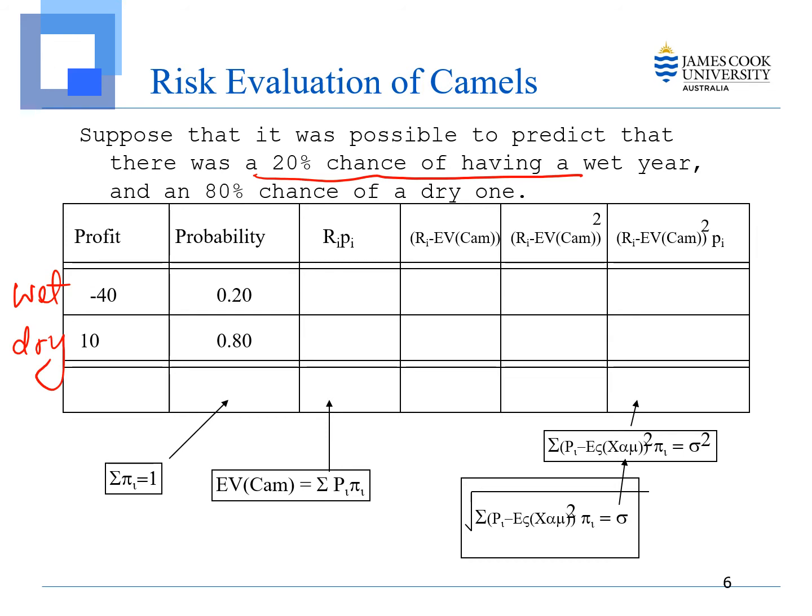And let's look at grazing camels first. If it's wet, that's a $40 million loss, dry a $10 million profit. We weight these two possible events by their probability. So it's negative 40 times 0.2, which is negative 8, and 10 times 0.8, that's 8.